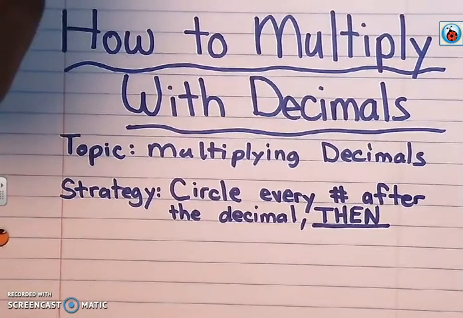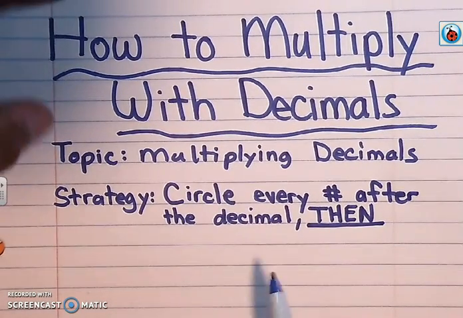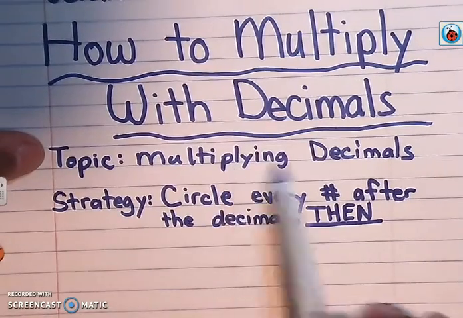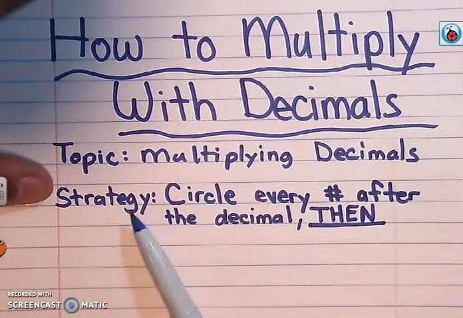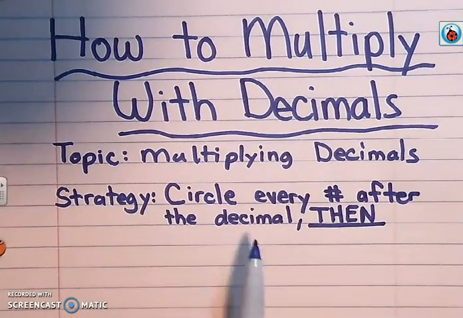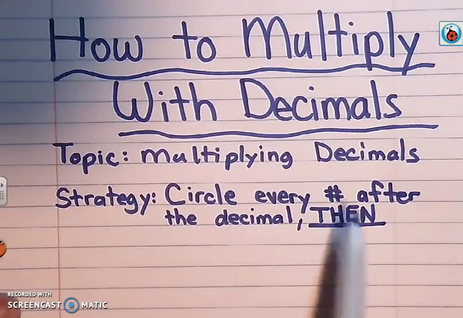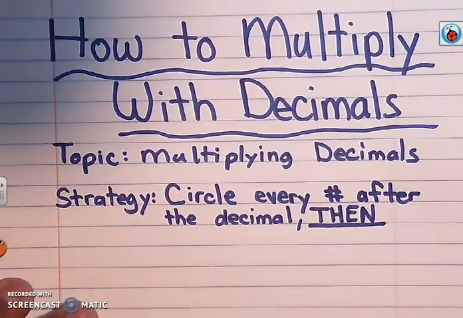So how to multiply with decimals. The topic for this lesson will be called multiplying decimals, and the strategy is going to go like this. We are going to circle every number after the decimal.